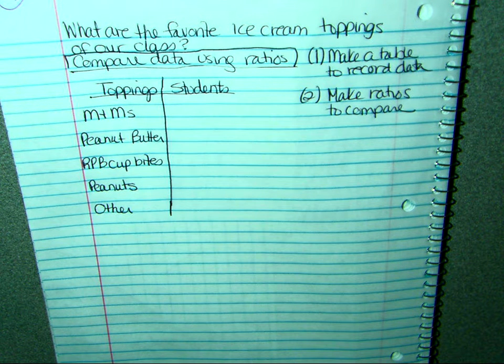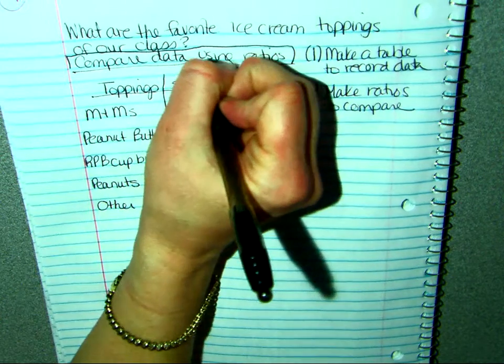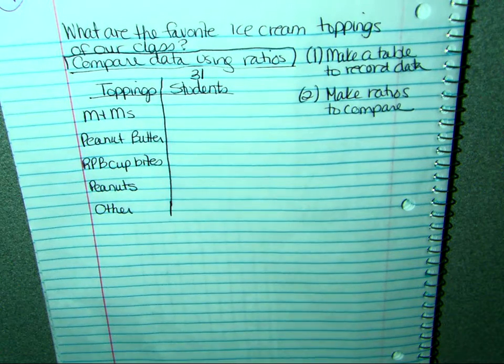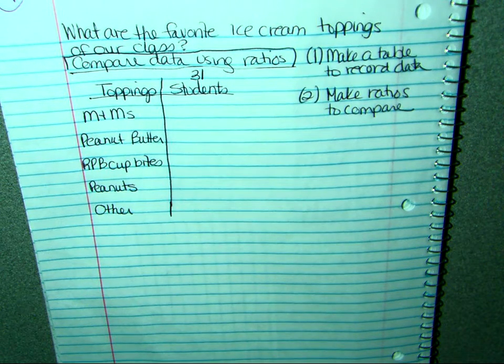The first thing I'm going to do is count how many total students we have in the class today. 31 students total. So we should get our data to match 31.